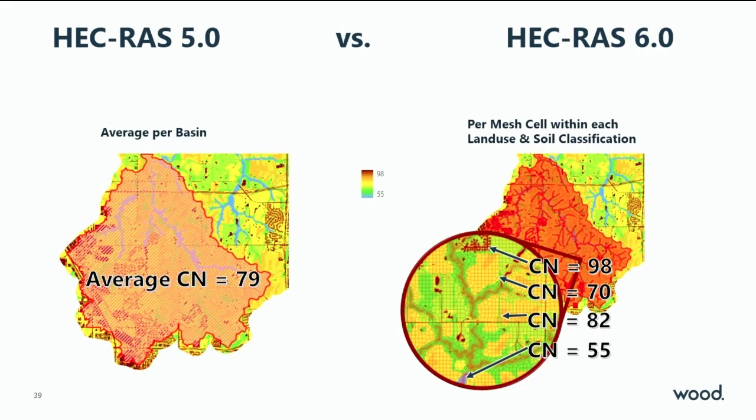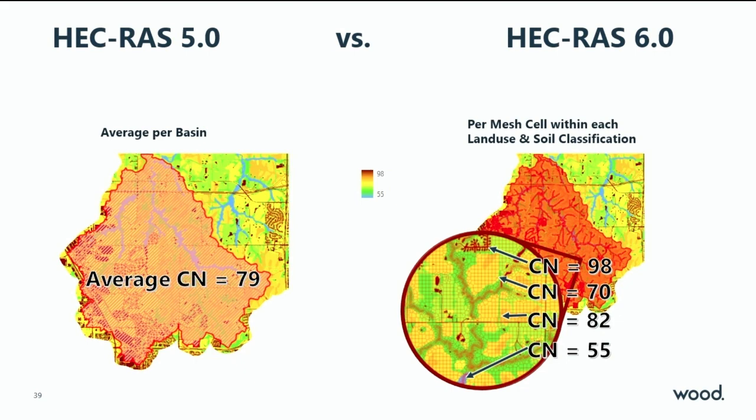RAS 6 truly allows us to do spatially varying curve numbers, spatially varying rainfall. And in doing that, you can see the level of detail so that the actual water flowing down the streams can be more or less based on the contributions at a given point, as opposed to averaged over the whole basin.